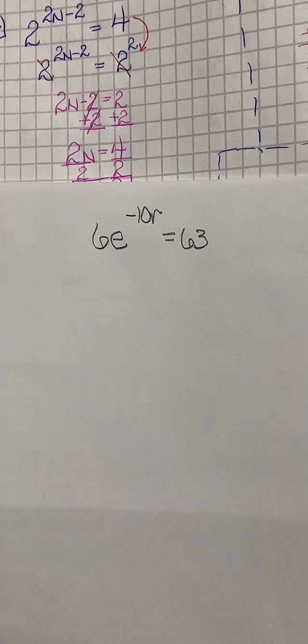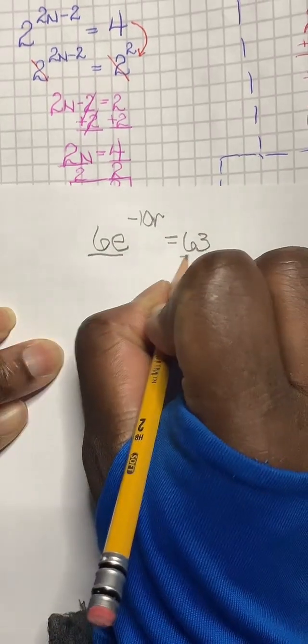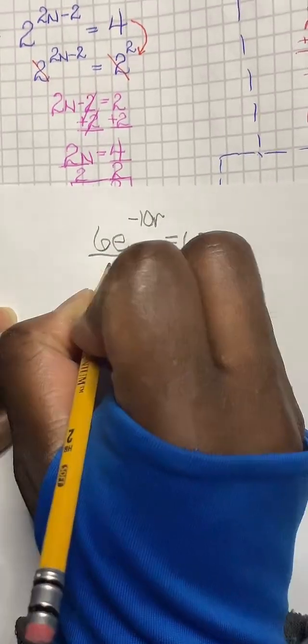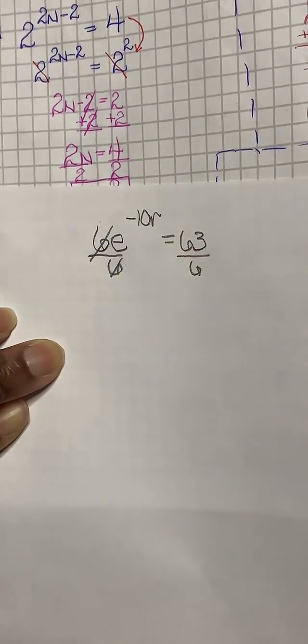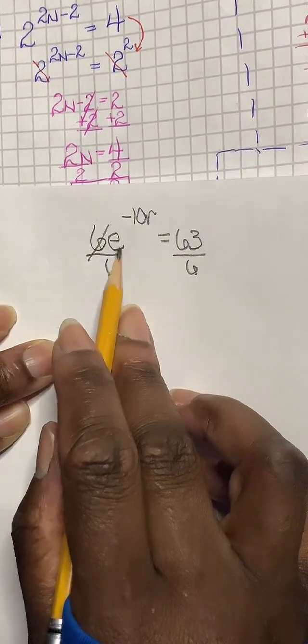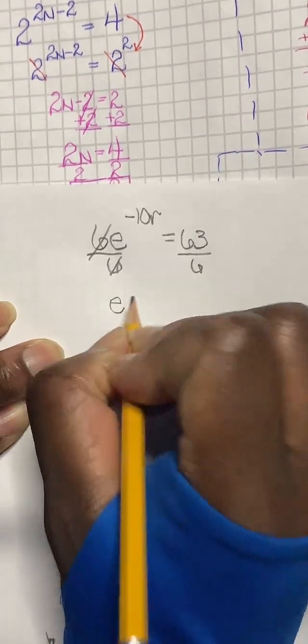Ooh, close. So not dividing the 6e, but dividing the 6 on both sides. Because we have to cancel out the e because the e is not a variable. It is a number.